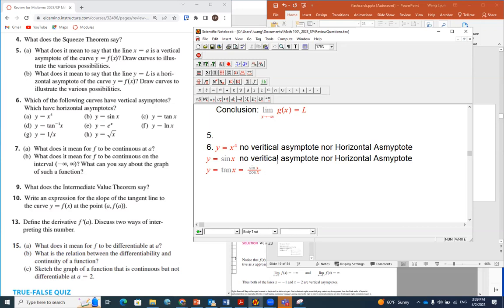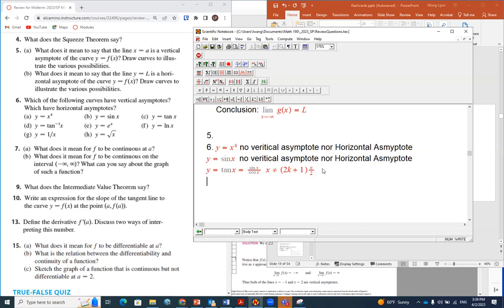Whenever cosine x equals 0, that's where tangent is not defined. So what values will make cosine x equal 0? Well, x cannot be odd number multiples of pi over 2.